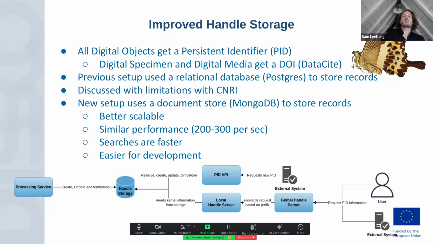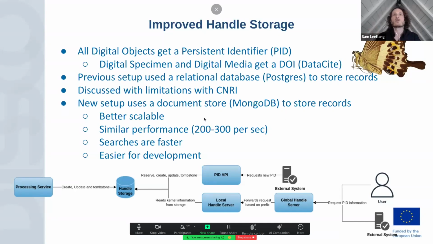I think CNRI also indicates that DiSSCo will be one of the first to start massively creating handles and DOIs. So we will be doing it a lot more than is currently being done. And that means that the solutions around handles and DOIs will need to scale as well. They also need to make a step.